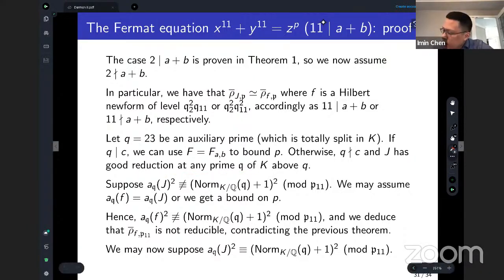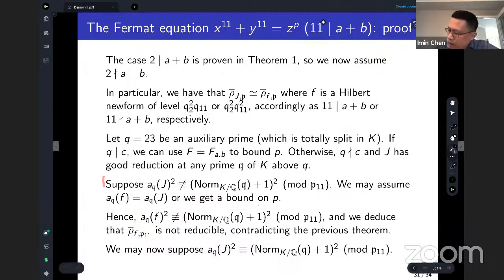And the idea now is that we show that it must be the case that the trace of Frobenius of J at the prime Q satisfies this condition. Because if it didn't satisfy this condition, this looks like the mod 11 representation attached to F is reducible, but we know that the ones which are irreducible, which would be in this congruence class, are eliminated by the previous theorem.